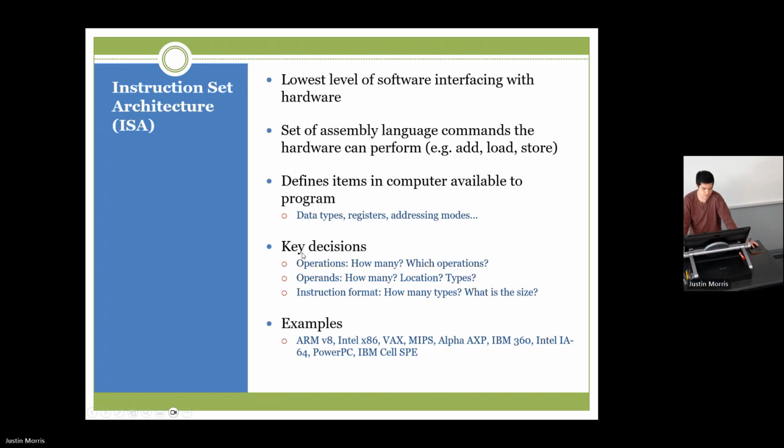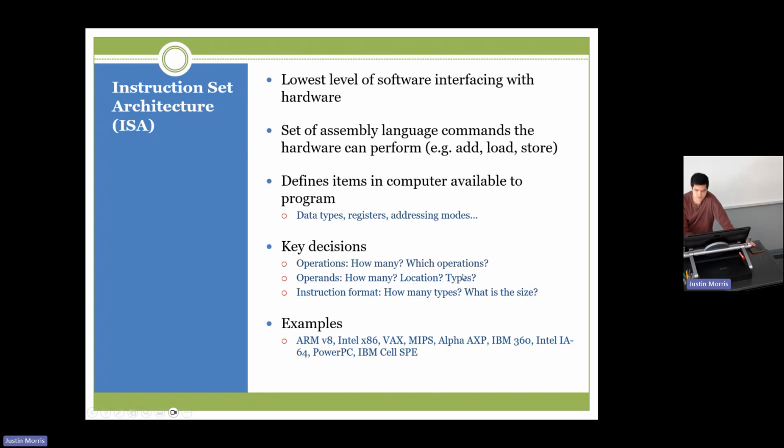Things like that. And your key decisions here are, what are your operations? How many of them are you going to need? And what are your operands? How many operands should your instructions have? Are they registers? Are they memory locations? Are they floating point?